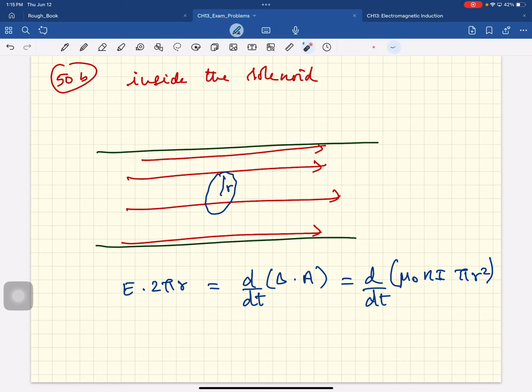Now this area is just this area, pi r squared. So E times 2 pi r equals mu naught n I pi r squared di by dt.